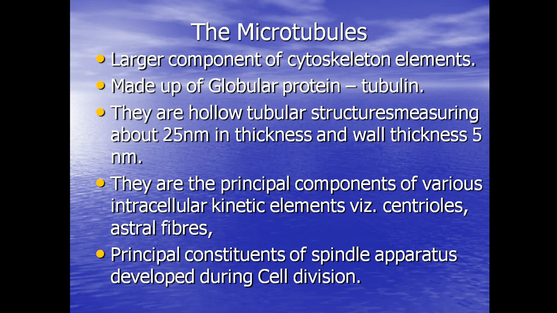They are the principal components of various intracellular kinetic elements. Kinetic means moving elements. Various kinetic elements inside the cell, like centrioles and aster fibers, are mainly made up of microtubules.